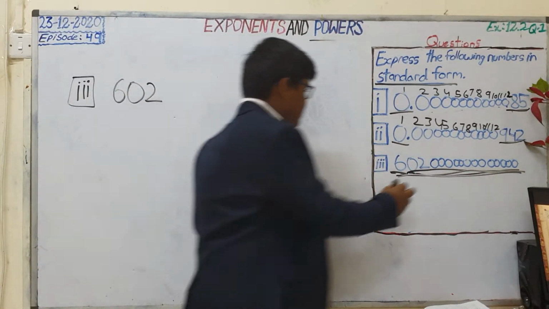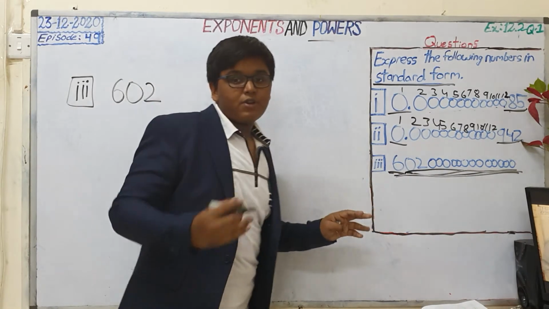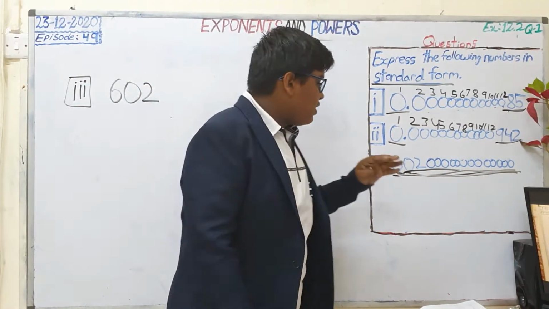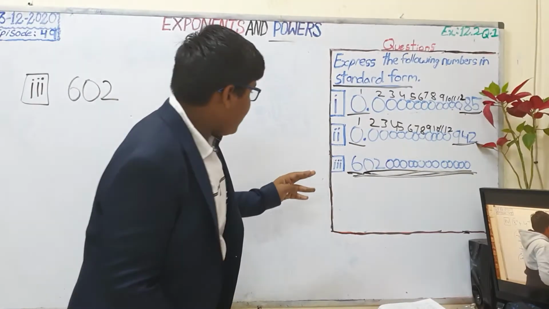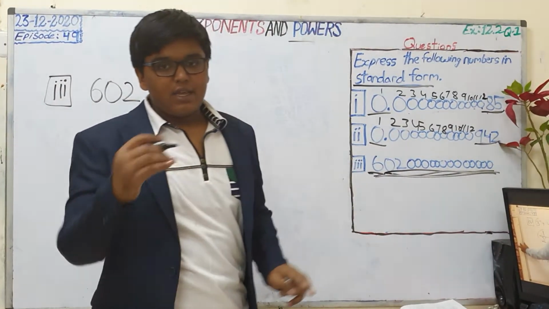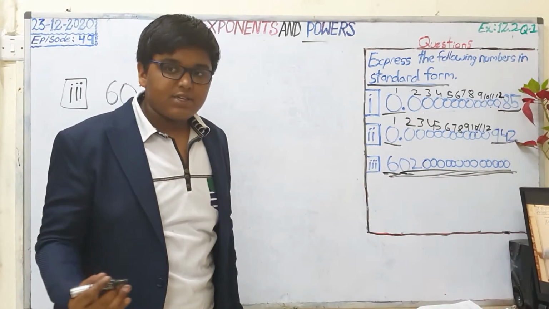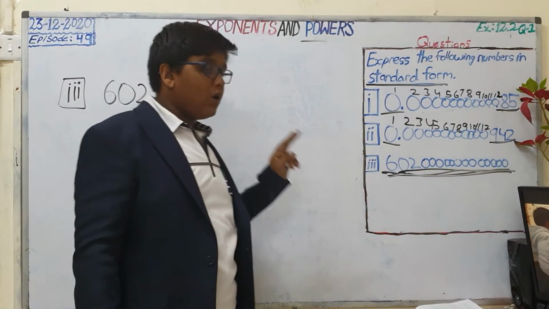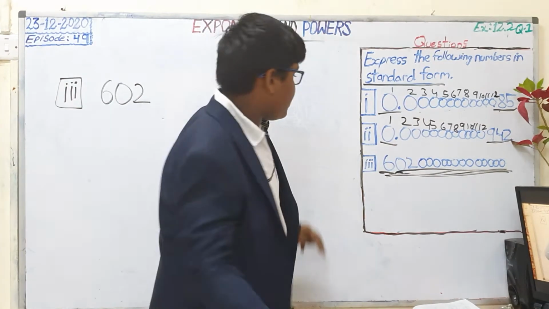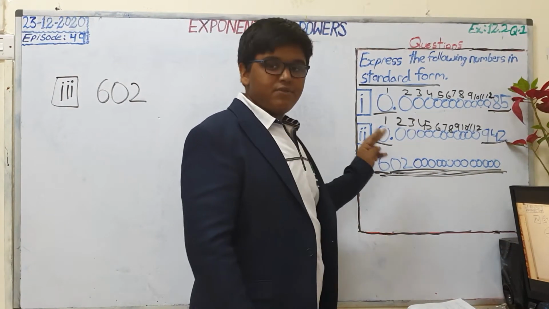Now first count the zeros here. Before counting the zeros, we have a fact: in any huge number that starts with a digit other than 0, we count the zeros from where they start. So the zeros start from here, and that's where we start counting.